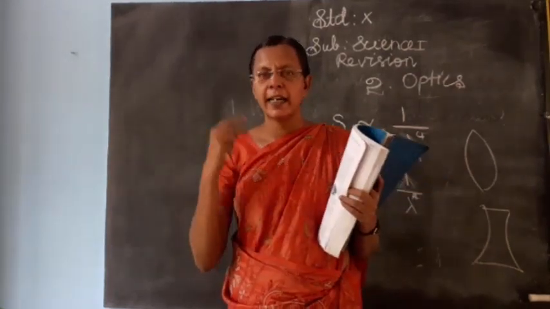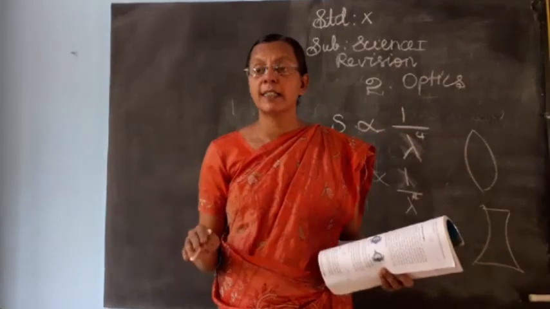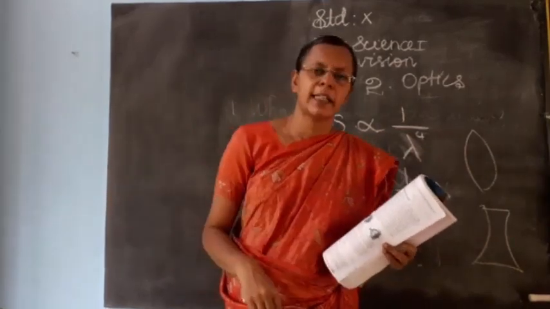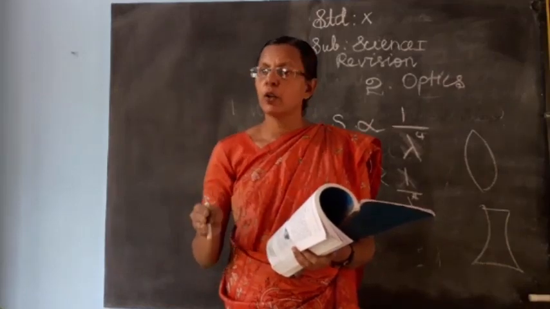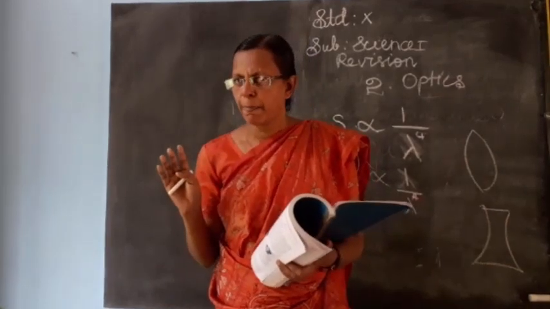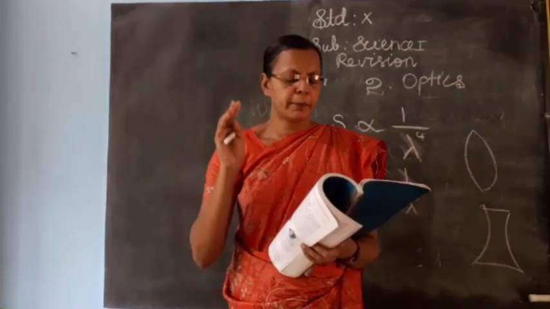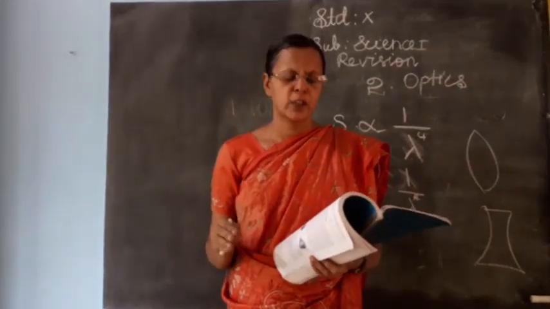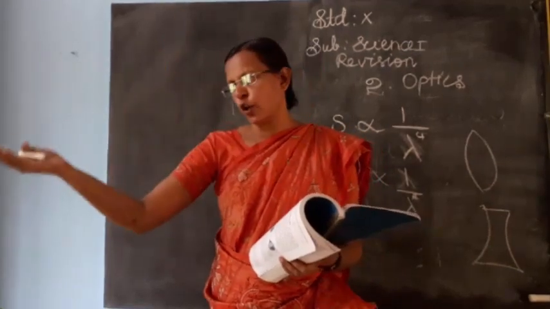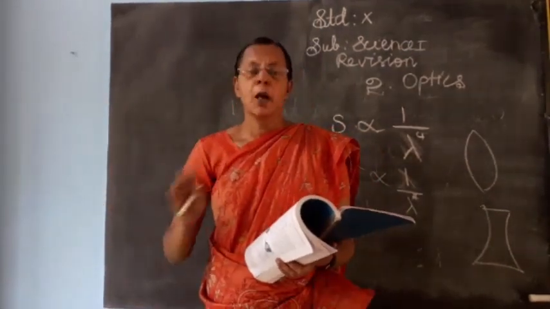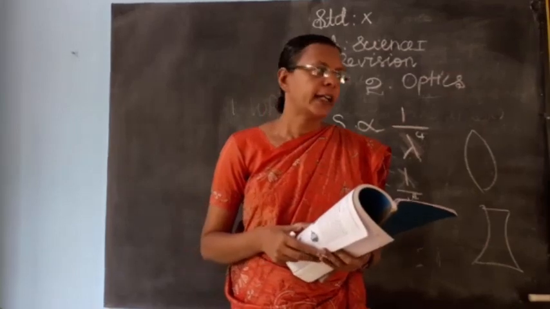Our eye has the ability to focus distant objects as well as nearby objects. That ability is called power of accommodation. Say along with me: the ability of the eye lens to focus nearby as well as distant objects is called power of accommodation of the eye.